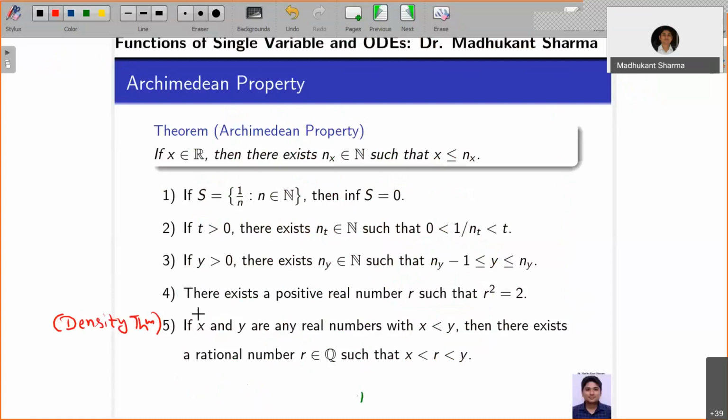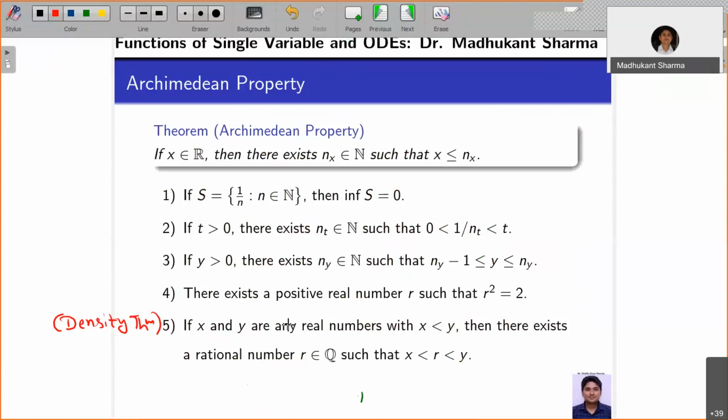If you are aware of this word dense, the set of rational numbers is dense in R. It means you take any two real numbers, between them you are able to find infinitely many rational numbers. By the help of this, you can also show that between any two real numbers, there are infinitely many irrational numbers.